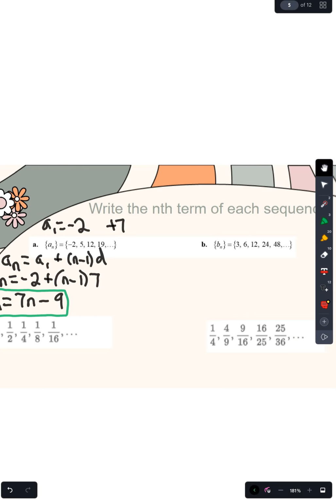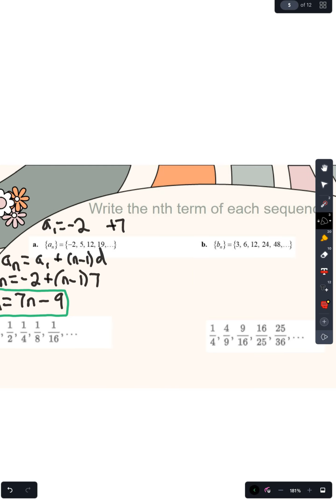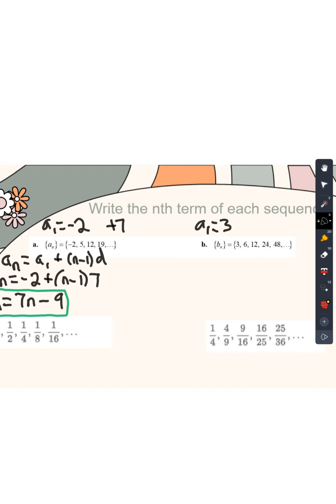So now looking at the second one, I have 3, 6, 12, 24. Again, let's start by finding where our first term is. So in this case, our a sub 1 is 3. Now we might say like, okay, on the first one, I'm adding 3, okay? But then notice that that kind of falls apart for my third term. So if I added 3 to 6, I would get 9.